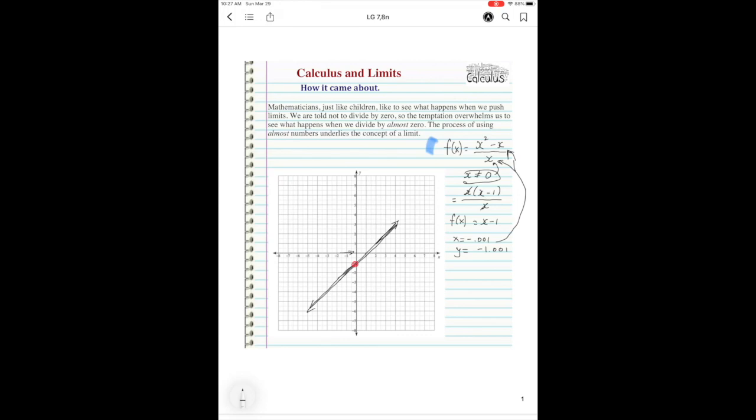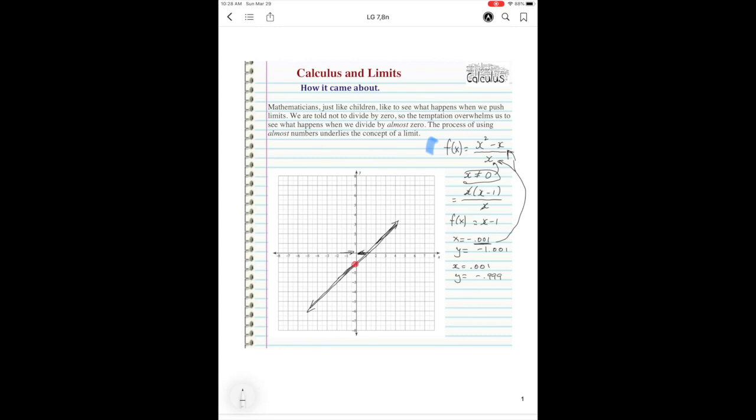Because we know if we put 0 in, we get undefined, but I'm getting something close. So let's pick another number on the other side. Let's try x equals 0.001, super close from the right side. When we type that in, we get a value of negative 0.999.